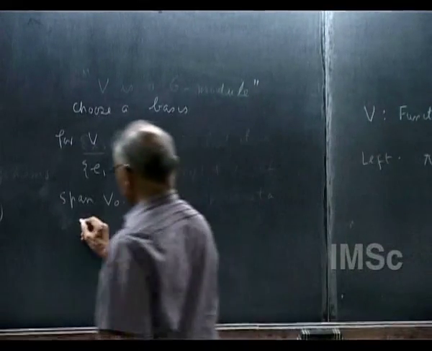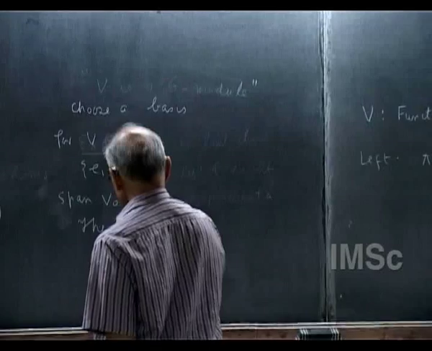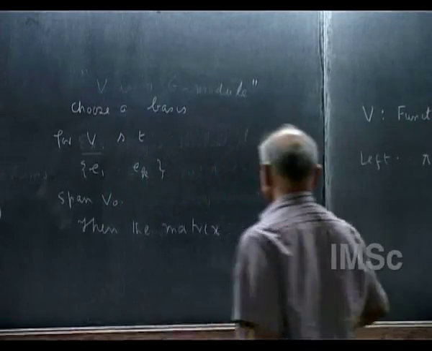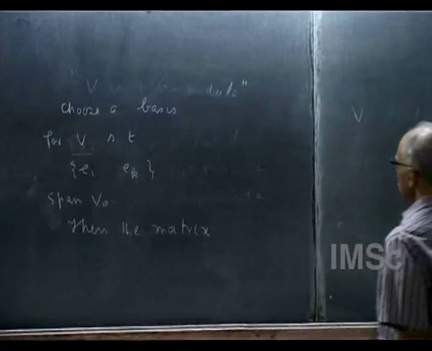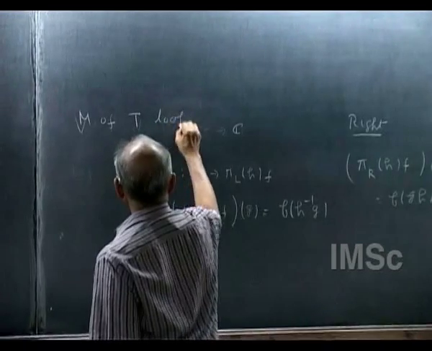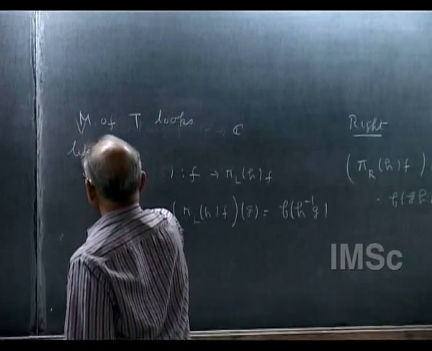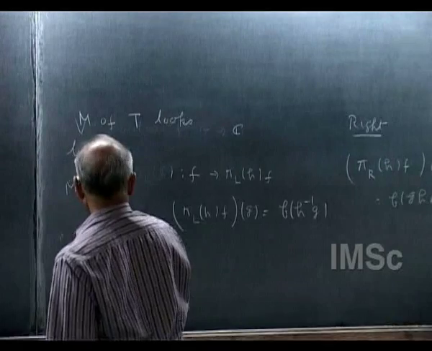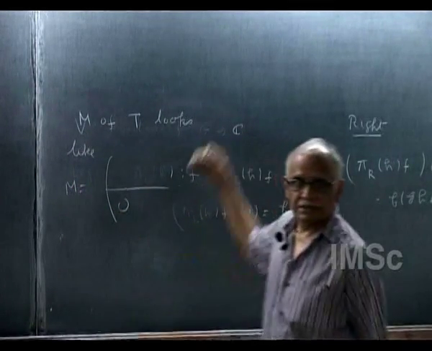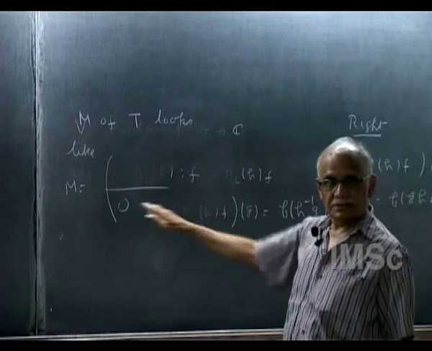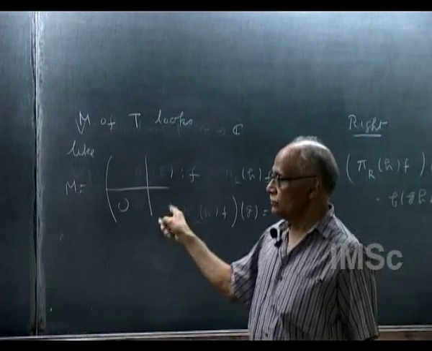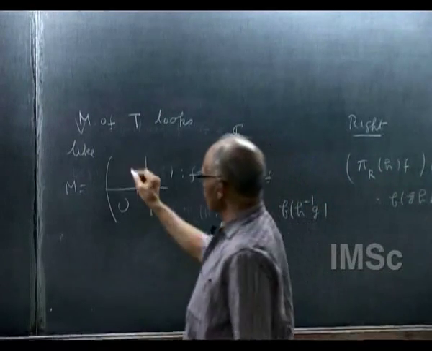Then the matrix, say M of T, looks like, can you tell me? It's not exactly block, you are almost right. Certainly there will be a 0 here because it does not take V0 outside V0. But I did not say that it does not pull things from outside into the interior, so there will be something here and something here.